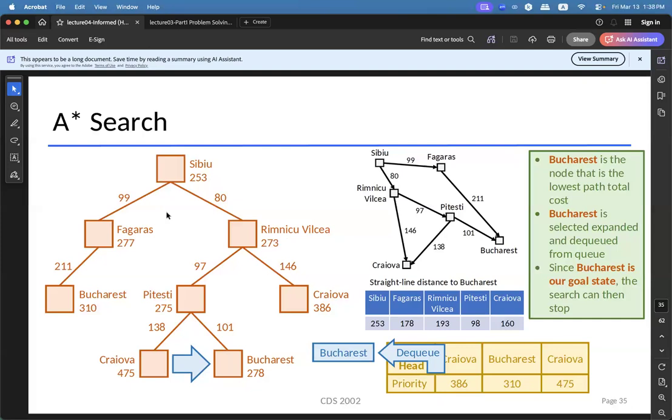After you get the path cost, you add the heuristic value, and that overall value becomes the priority value you use for selecting the node for expansion next. Each time you need to select a node for expansion, you select the node with the lowest priority value. You remember these two rules, then you can construct the A-star search.